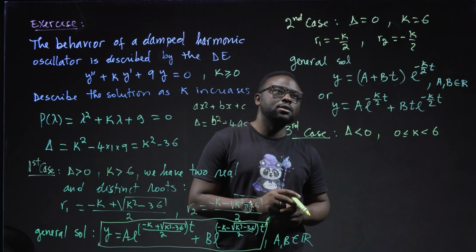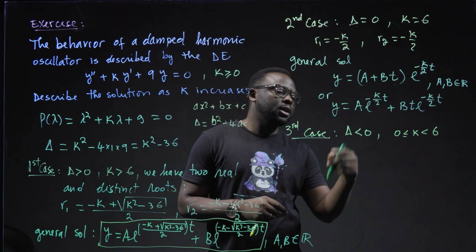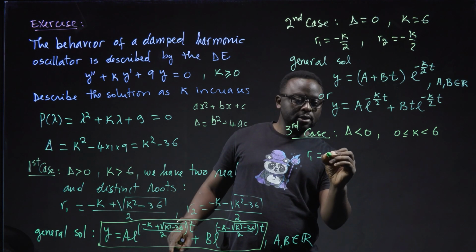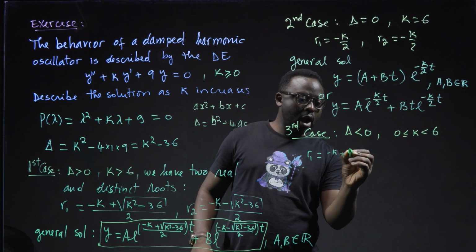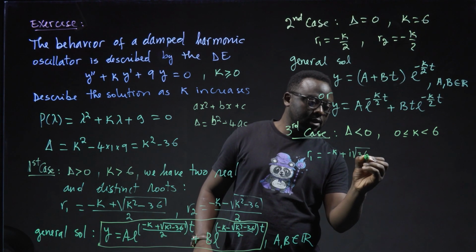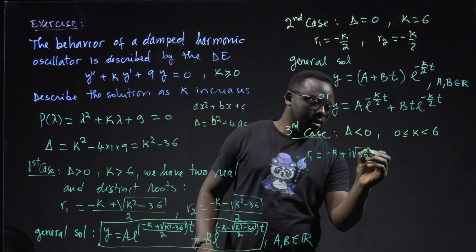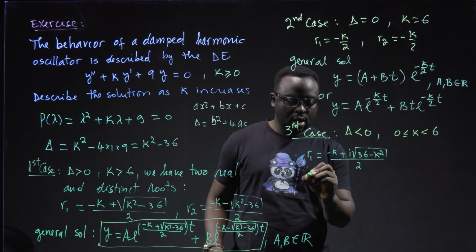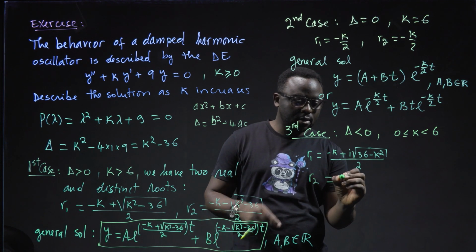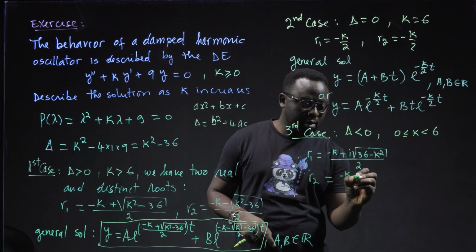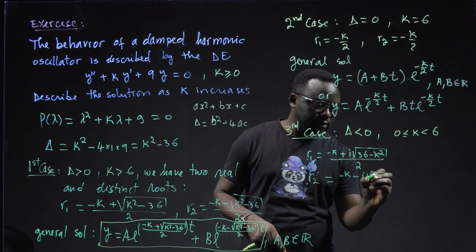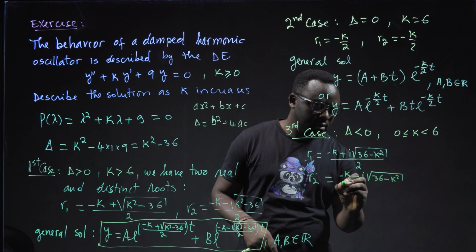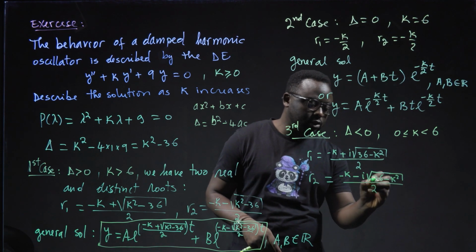And this is complex. So this leads to complex roots. We have R1 is minus k plus i square root of 36 minus k squared, over 2, and R2 is equal to minus k minus i square root of 36 minus k squared, all this divided by 2.